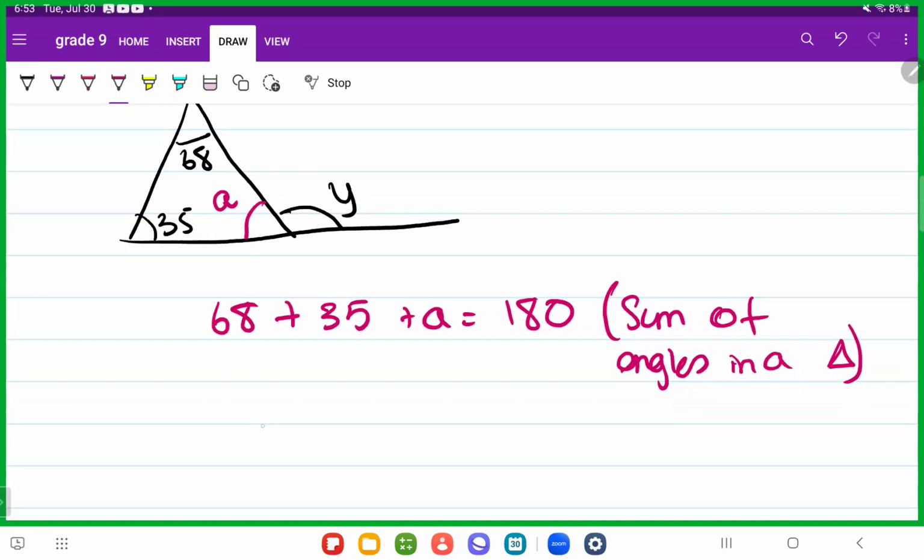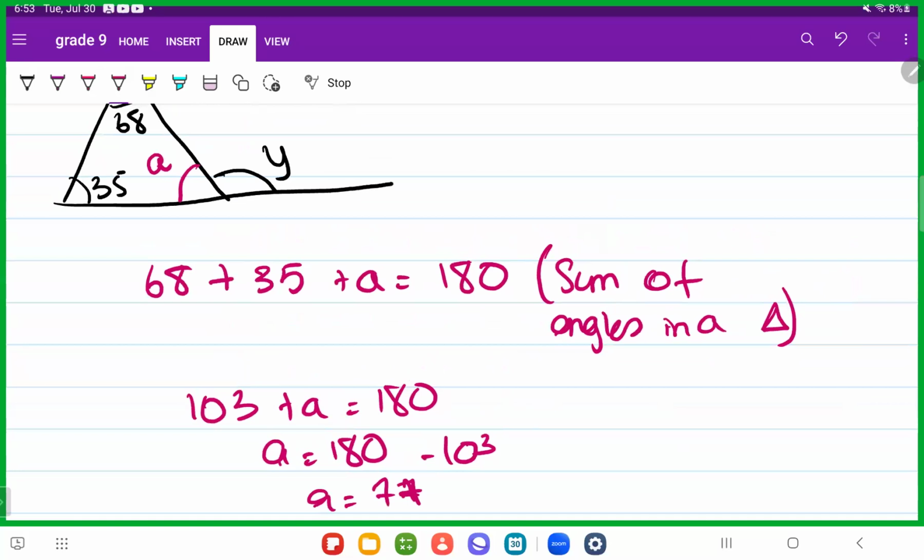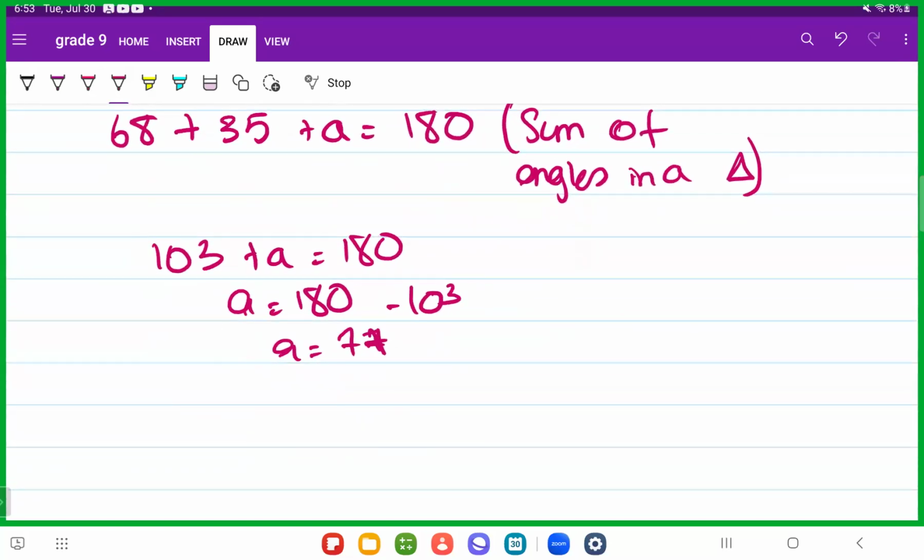And then you do 103 plus A is equal to 180. A is equal to 180 minus 103, which is 77. So this is how you go about the working. Do you understand?